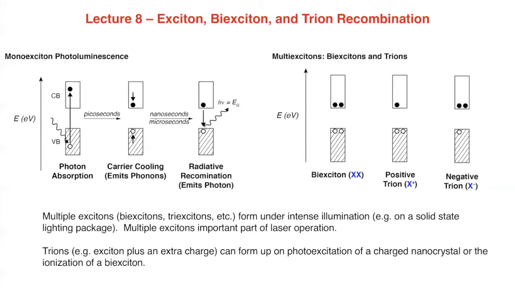And then within a nanosecond or a few microseconds, those electrons and holes recombine. And they can recombine radiatively, as is shown there on the left. And the energy of the photon that comes out is equal to that band gap spacing.